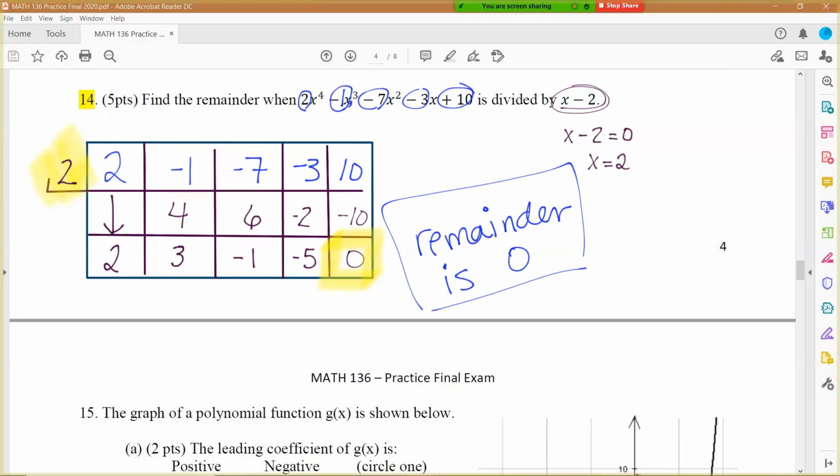But the remainder is 0. So on your test, you're going to circle A, B, C, or D that has the same answer as your remainder. You have to draw the box. Again, I didn't write the test. I'm not allowed to modify it.